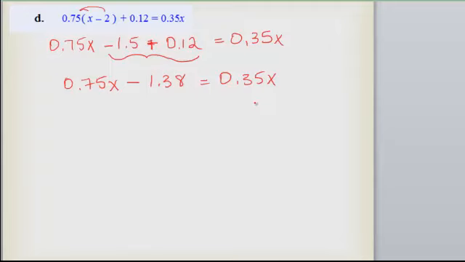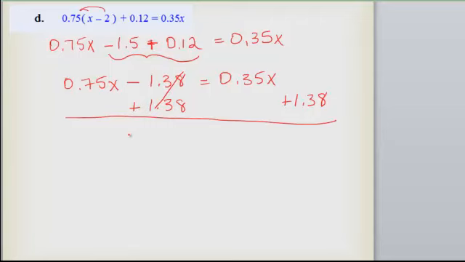Okay, we need to get all the x's together and all the constants on the other side. You can do that in 1 or 2 steps. It's up to you. So what I'm going to do is go ahead and add this 1.38 to both sides. So that's 0, and I get 0.75x is equal to 0.35x plus 1.38.